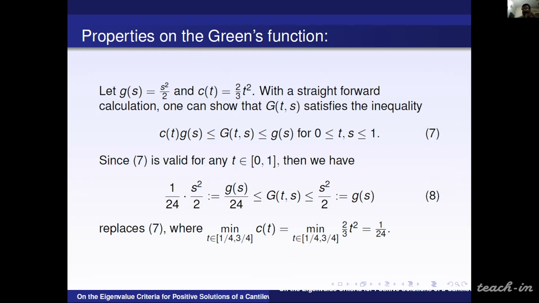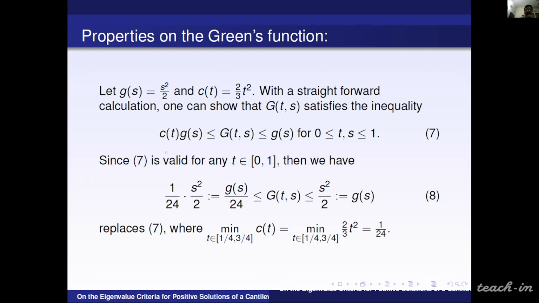So since this inequality 7 is valid for any t in [0,1], let us consider the interval t in [1/4, 3/4]. In fact, it has been proved, many results are there, that the 1/4 to 3/4 interval is the best interval in [0,1].